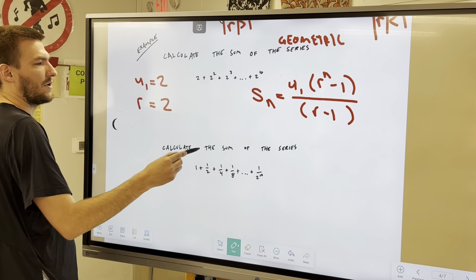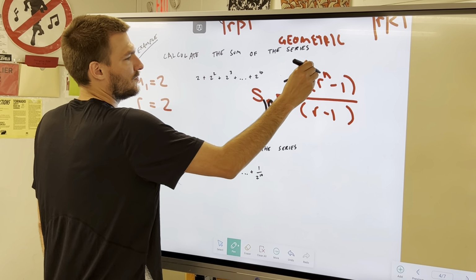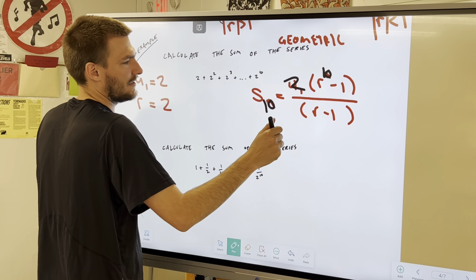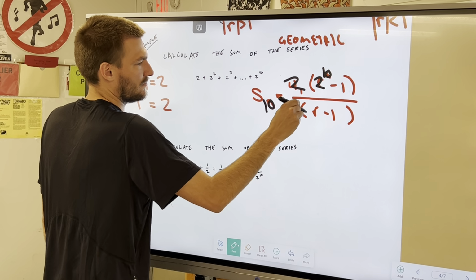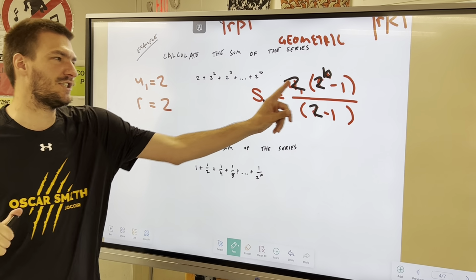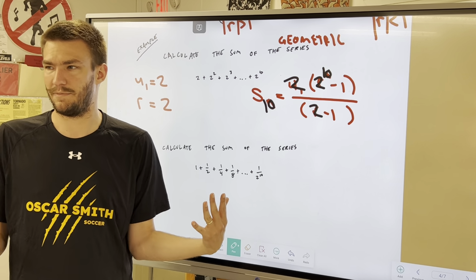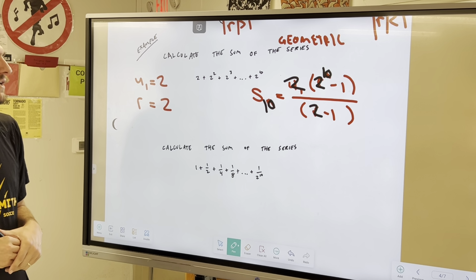Choosing the numbers that we're going for, we're looking for the sum of the first 10. The first term is 2. The n is the number we're looking for. The ratio is also 2. And we're going to go into our calculator and type all this out. This is going to be a fraction, but on the bottom it says 2 minus 1, which is just going to be 1. So it's not going to be a fraction. It should just be a nice whole number.